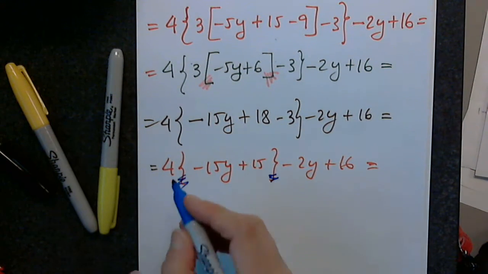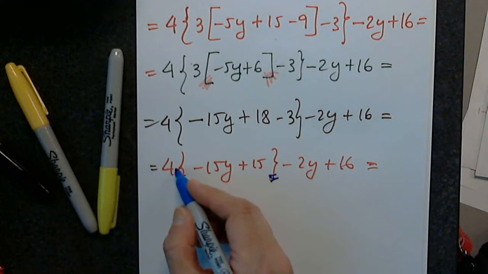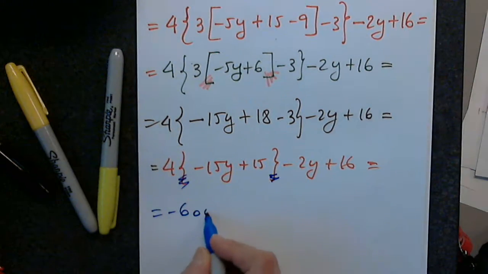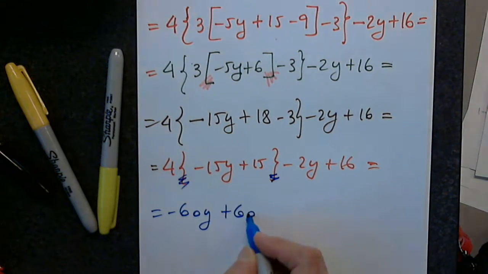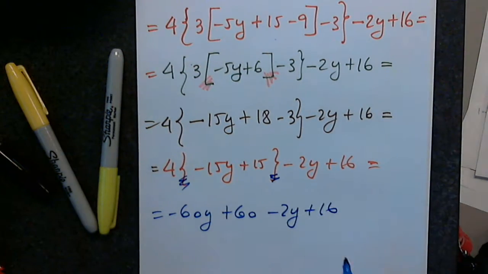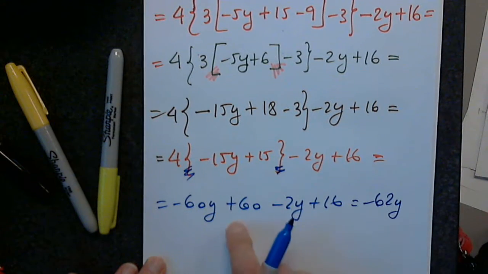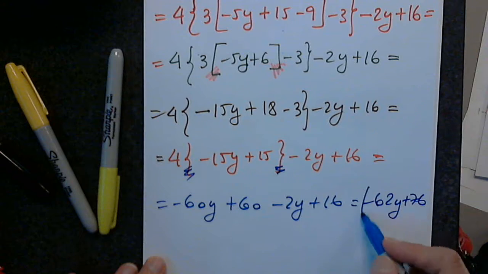To eliminate this, there is no operation symbol, it must be a product. 4 times negative 15y is negative 60y. And plus 60. And minus 2y and plus 16. Now they are all together and I have to combine my terms and put it in descending order, right? So this with this will be negative 62y and this with this will be plus 76.